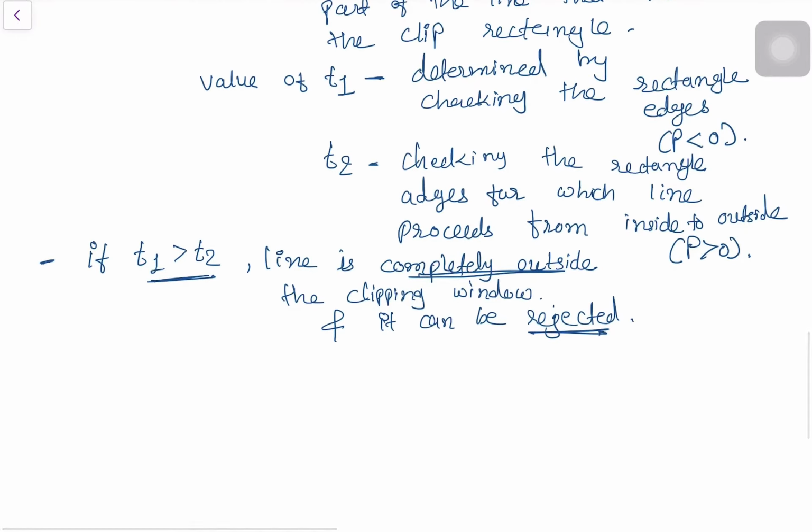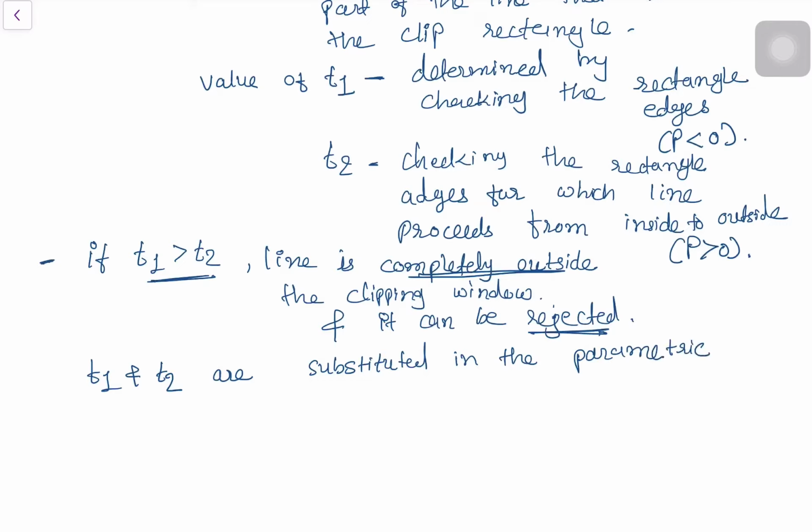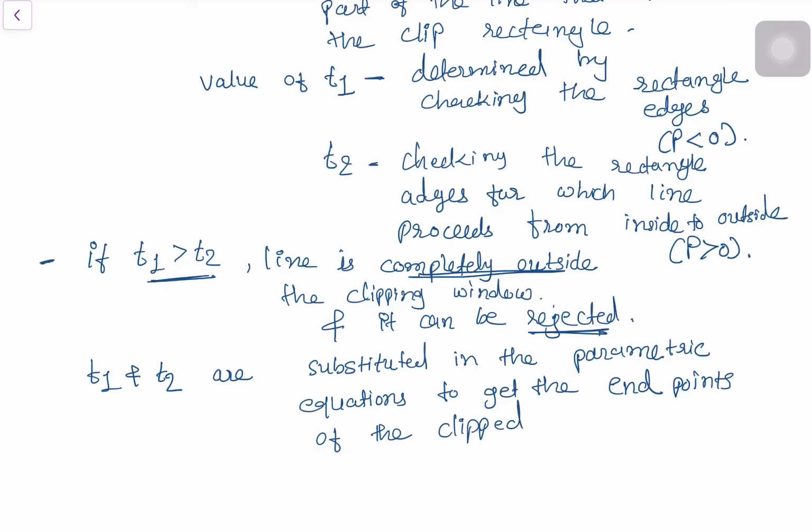Otherwise, the values of t1 and t2 are substituted in the parametric equation to get the endpoints of the clipped line. This is how the Liang and Barsky algorithm works.